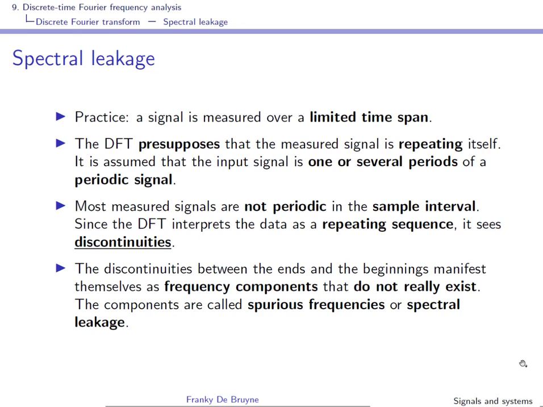In practice, the measured signals will not be periodic, and the DFT will see the data as a repeating sequence, and it will kind of see discontinuities between the ends and the beginnings of the sequences. These discontinuities will be seen as spurious frequencies or spectral leakage. And of course, these spurious frequencies do not really exist in the original signal.